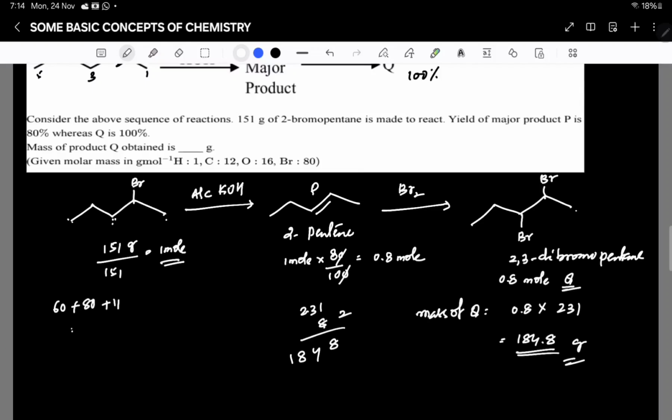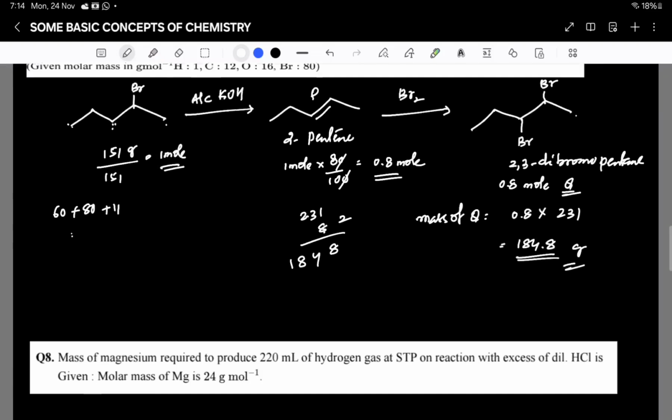So only the mole-to-mole ratio we are taking, student. 1 mole will give 1 mole, but the product yield will be 80% only. From this, 80% is 0.8 mole, but this 0.8 mole of P will be converted into what, student? 100% only. So that's why our calculation, 0.8 mole is the 100% only. So mole mass is asked: mole into molar mass, then we will get the answer in grams. Answer will be 184.8 grams, student.